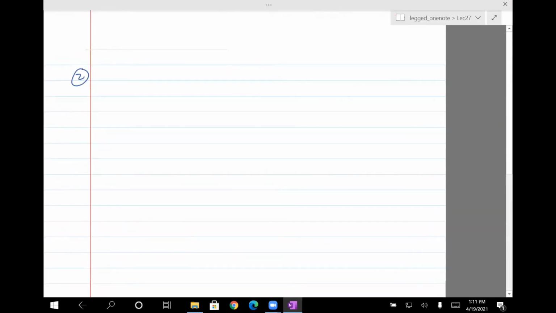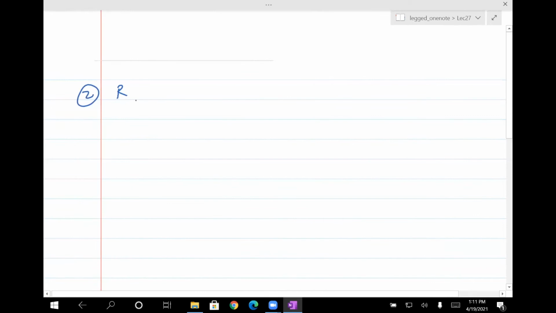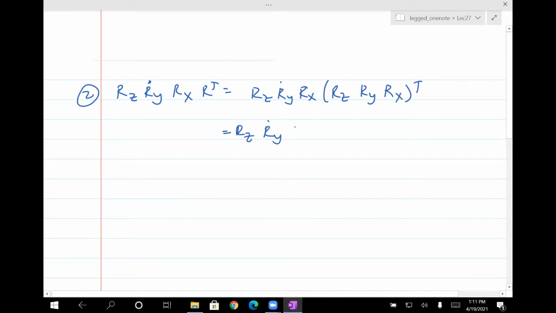Okay, the second one is Rz Ry dot Rx R transpose. Again, let's write down the expression for R. Sorry, it should be Z Y X, and then I can use the property of transpose to get Rx, Ry, Rz.